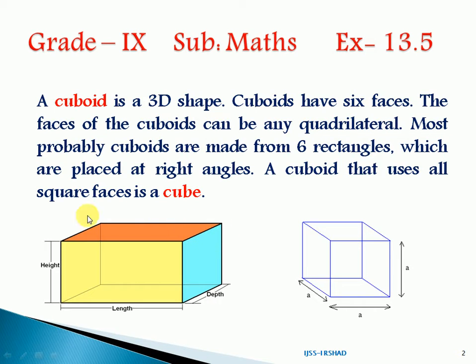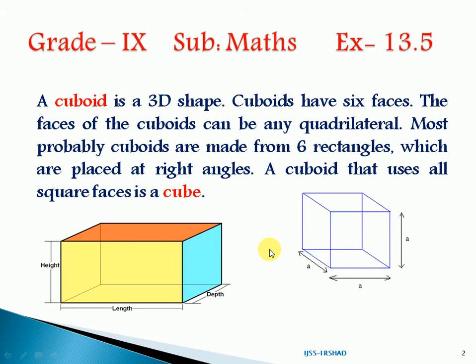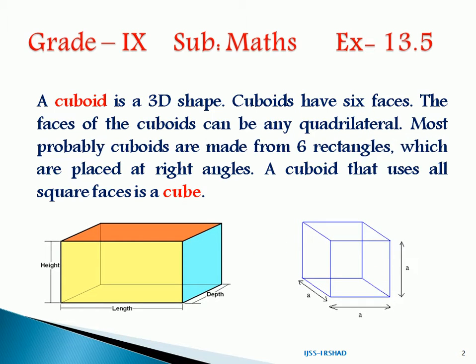You can see this one is the top, or the bottom, or this side one, all are rectangles, which are placed at right angles. This means one rectangle with another rectangle gives you a 90-degree right angle. Here I am pointing with this pointer, right angle. A cuboid that has all square faces is called a cube. You can see in this figure all faces are square, so this is a cube.